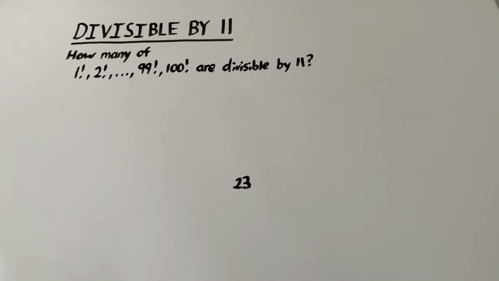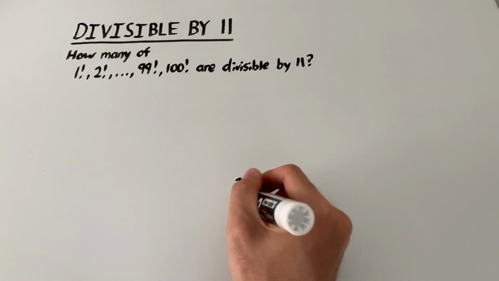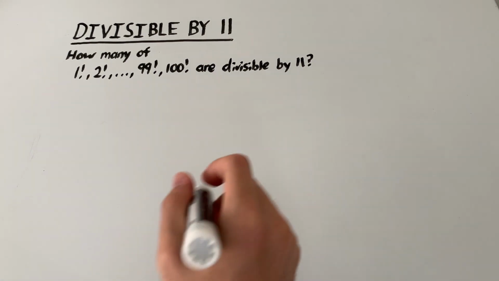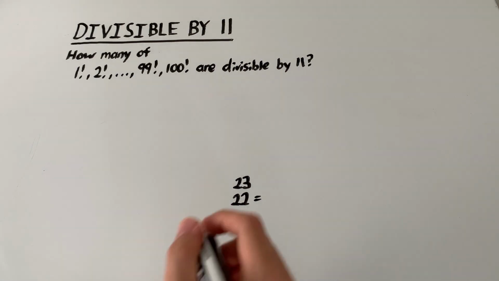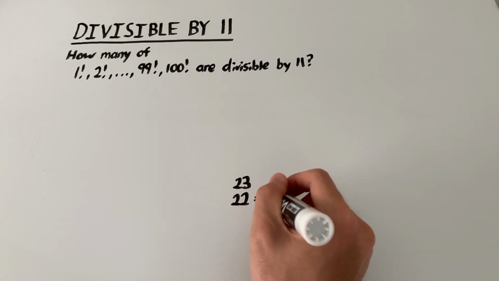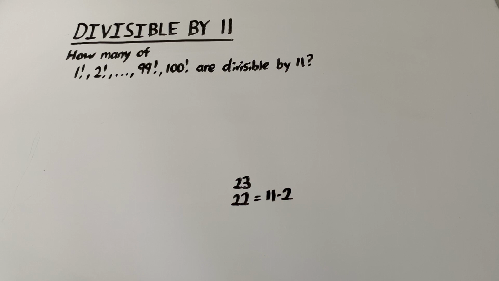Now what about 22? Is 22 divisible by 11? This time, we'll find that 22 is divisible by 11 because 22 equals 11 times 2.